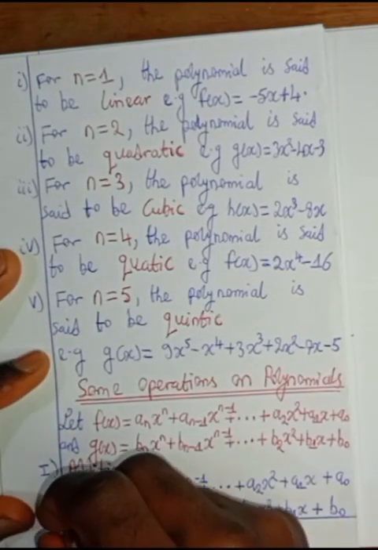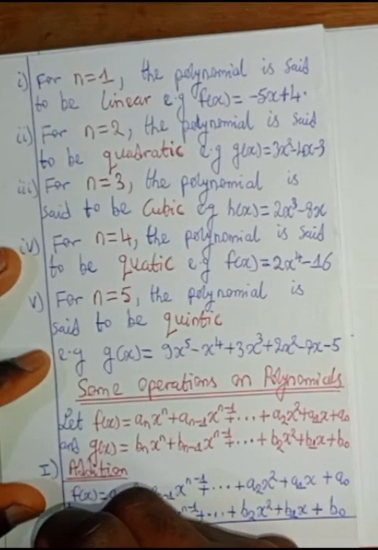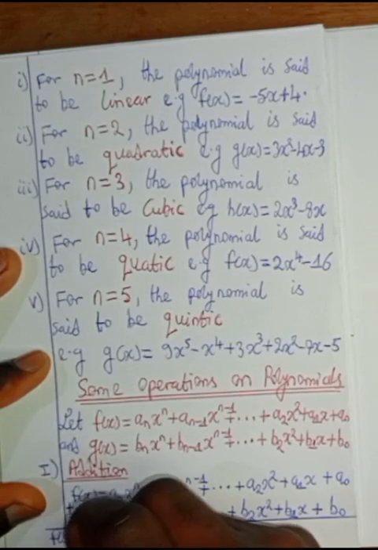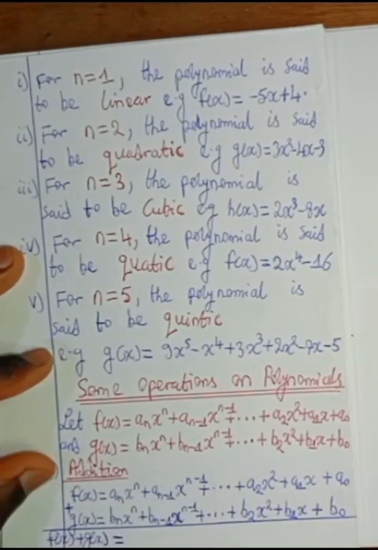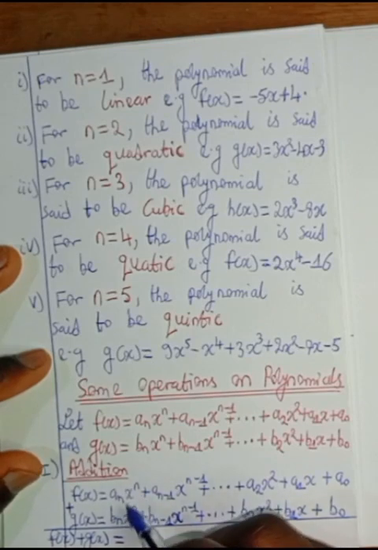Here we write down the addition sign. Down here we have f of x plus g of x. It will simply be equal to, we are going to add the like terms together. That means the terms that have x to a particular power, they are like terms. We are going to add them together. These two terms, we have x to the power n.